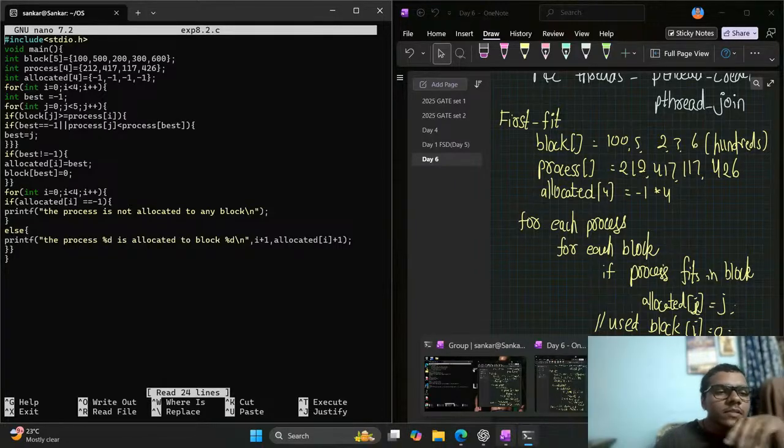Best is chosen as -1. It updates every iteration, so nothing to worry about. Okay, we're checking every block. If block of j, oh wait, if the block is greater than the process, then it is a valid contender. Yeah, it is.